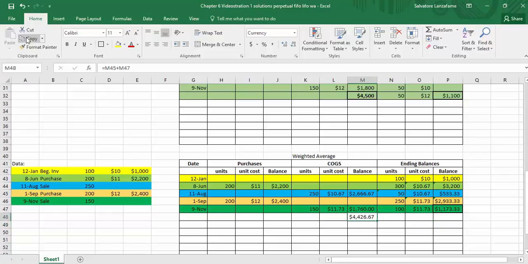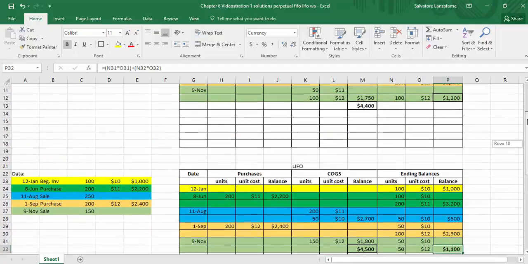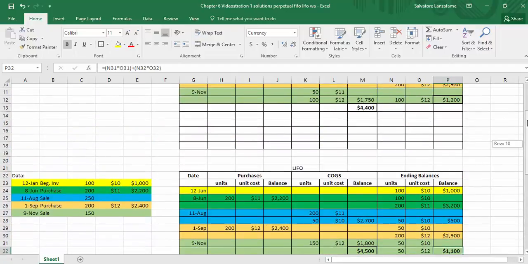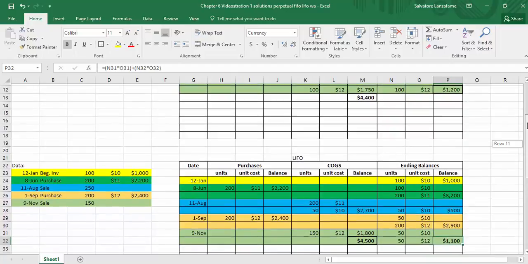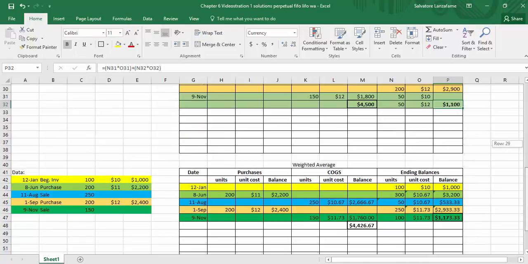And let me just put that in bold. Put this one in bold as well. Not only in the box, but bolded up. So 4,426, we had 4,500 for LIFO, and we had 4,400 for FIFO. So again, 44 was the low, 45 was the high, 4,426 somewhere in between the two.